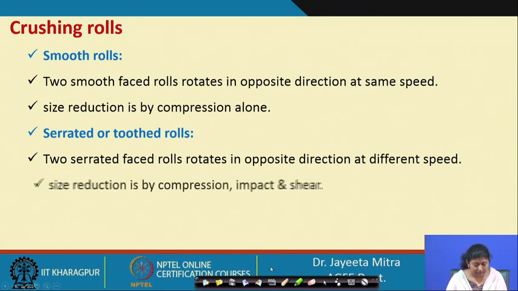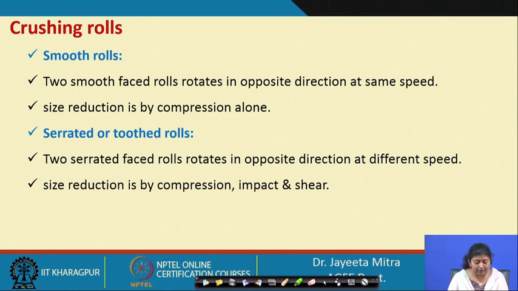So, here in the second case, as I mentioned, along with the compression which was there in the first case, shear and impact will also be there. So, for the smooth roll, size reduction is because of compression alone.